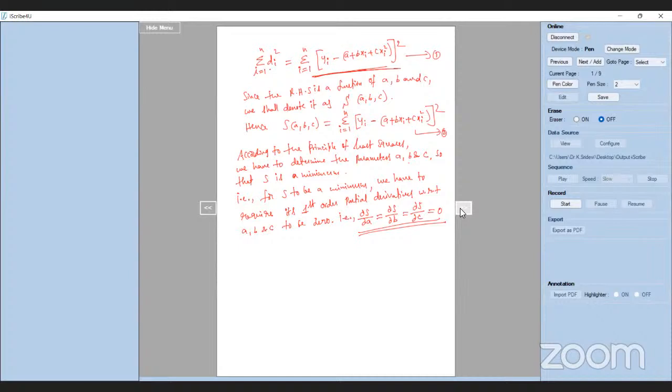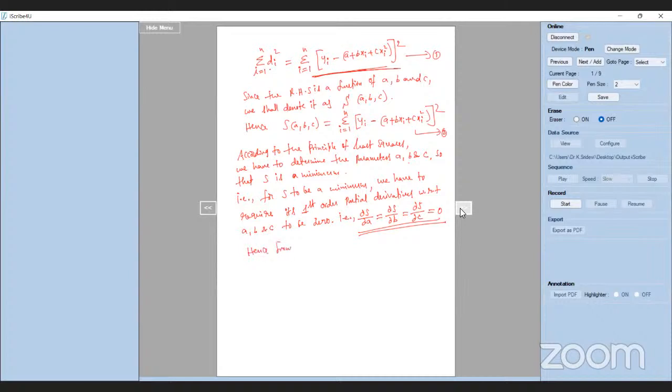Now, from equation 2, we will get the partial derivatives dou S by dou A, dou S by dou B, dou S by dou C. After getting the partial derivatives, we have to equate all of them to 0. Then we will get our required equations.